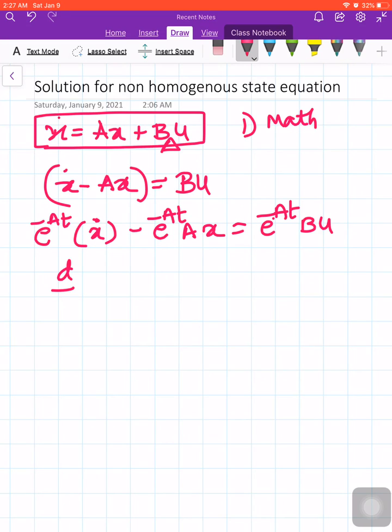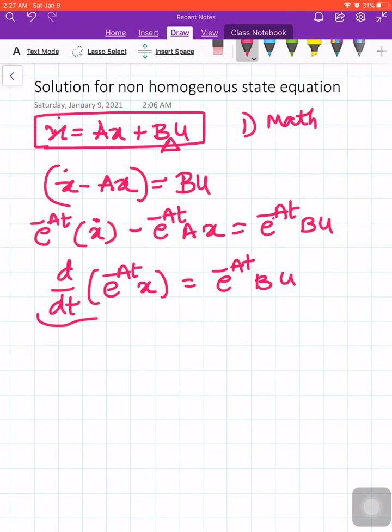So this can be written as d by dt of e power minus at into x is equal to e power minus at b into u. After multiplying with e power minus at, we were able to write the left hand side as a differentiation of the product of e power minus at and x. So let's now try to integrate this particular equation and get the solution.